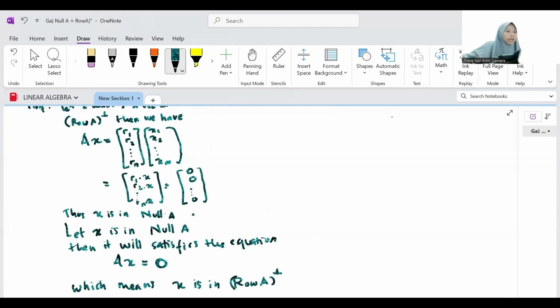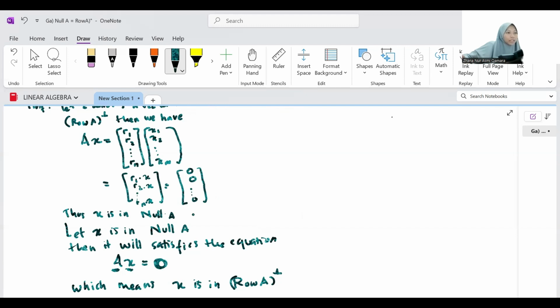So because A times x equals the zero vector, that means that for each row of matrix A, the inner product of that row with vector x will be 0.